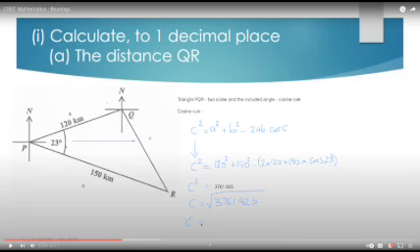Sixty-one point 33. Yes, 61.33 kilometers. Did anybody else get that?